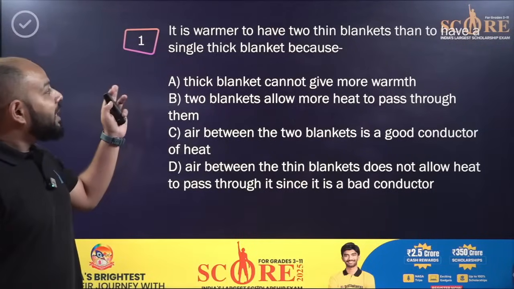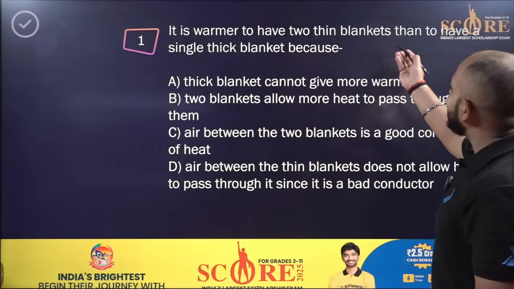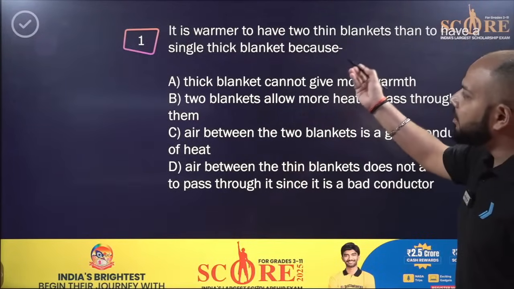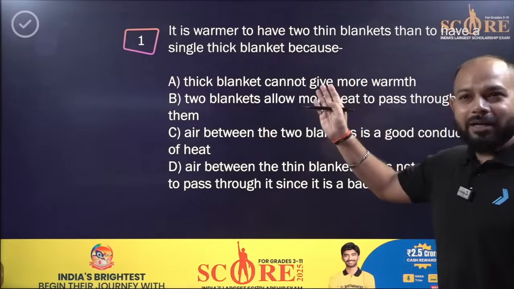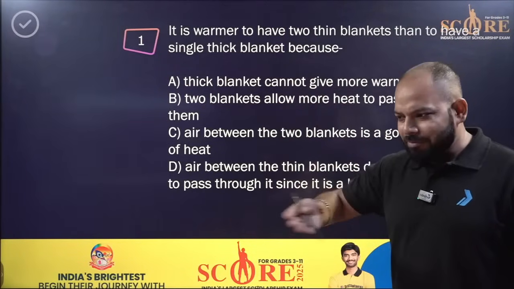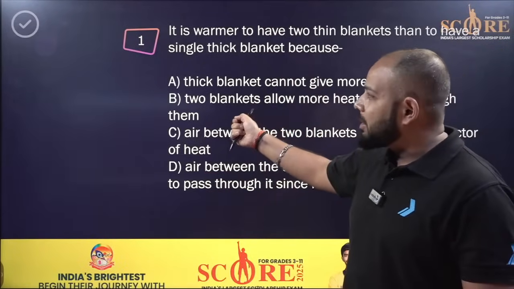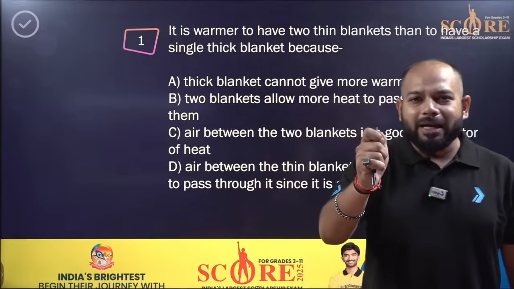It is warmer to have two thin blankets than to have a single thick blanket. This is a practical question we face in cold weather, in the winters, or when the air conditioner is on. If we take a single blanket in the winters, we feel a little cold.